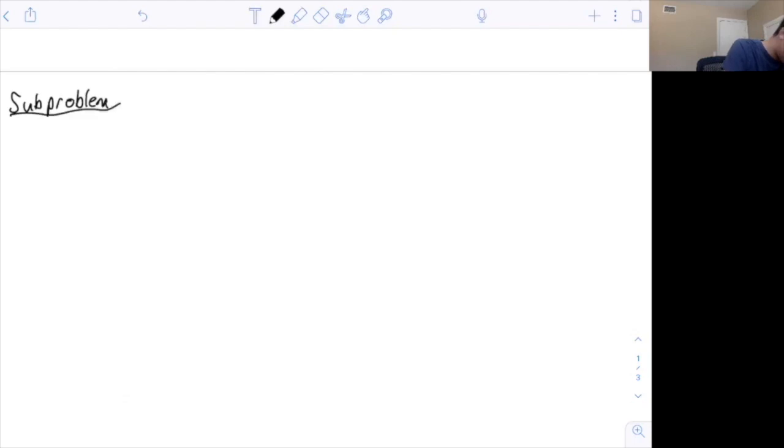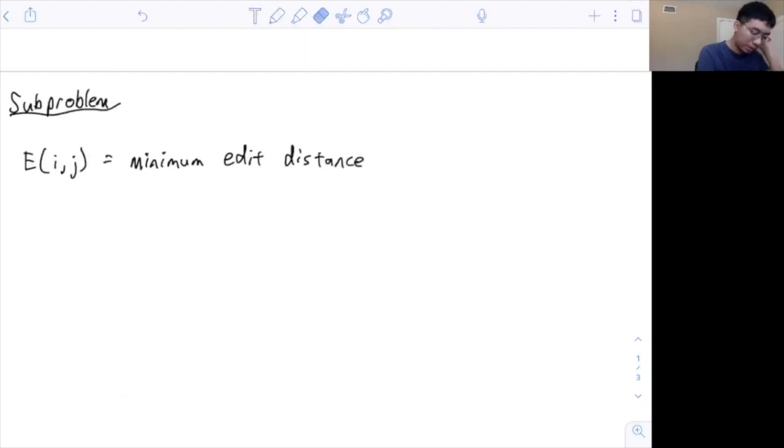The subproblem we're going to solve, we're going to denote by E of i and j, which represents the minimum edit distance between the substrings x of 1 through i and y of 1 through j.